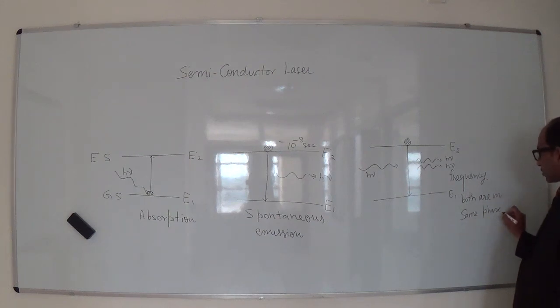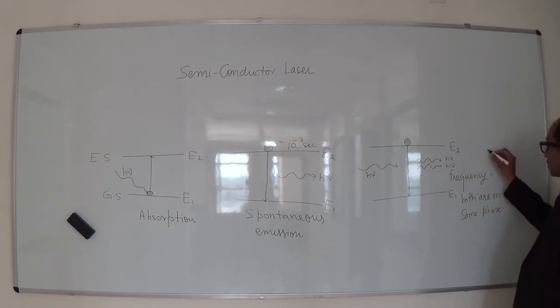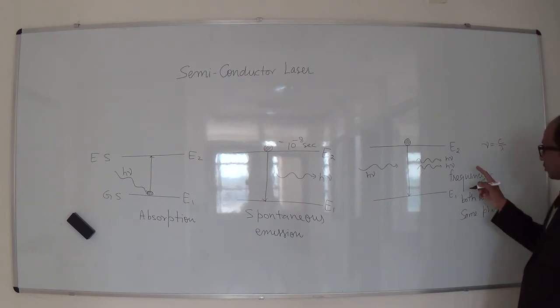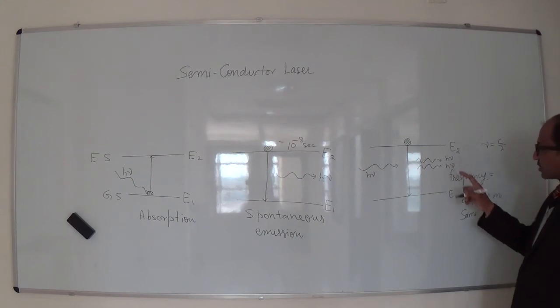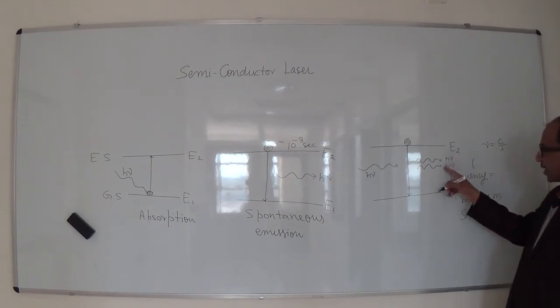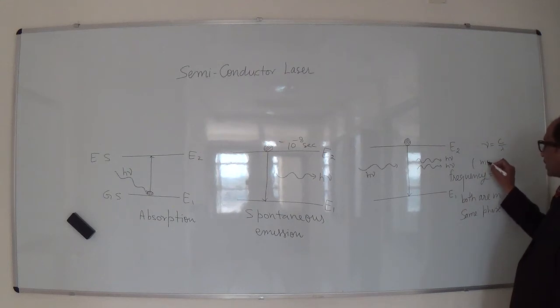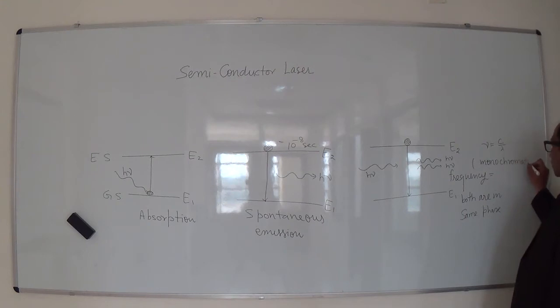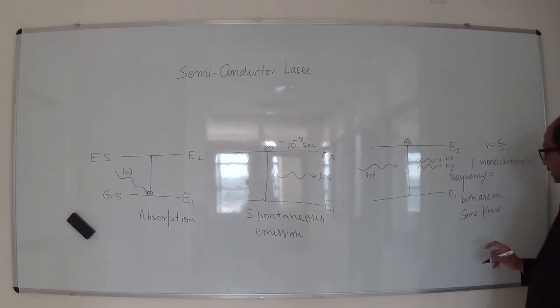So now we have one frequency, that means one wavelength, because nu is equal to c upon lambda. If nu is fixed, lambda will be fixed, c is a constant. So we have a common frequency. That's why we say the emitted light is monochromatic, because of the single frequency and single wavelength.